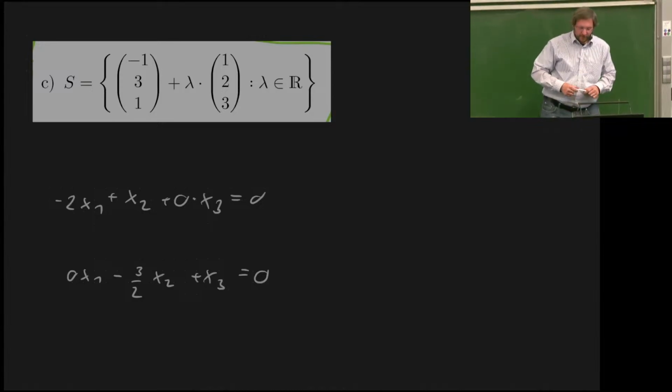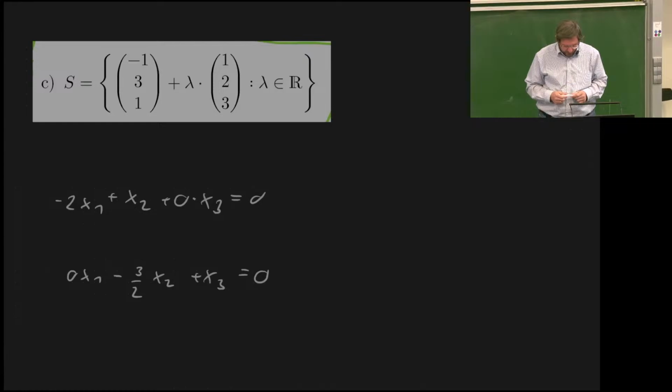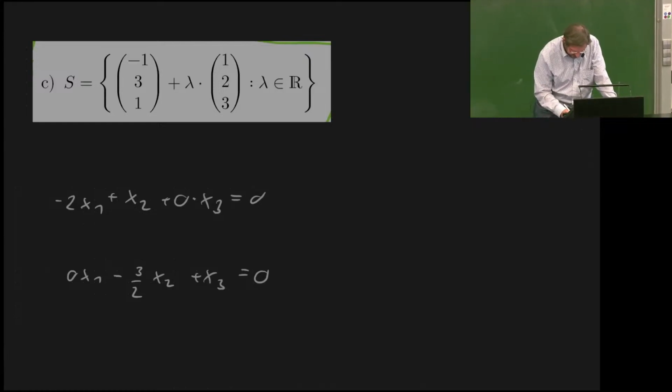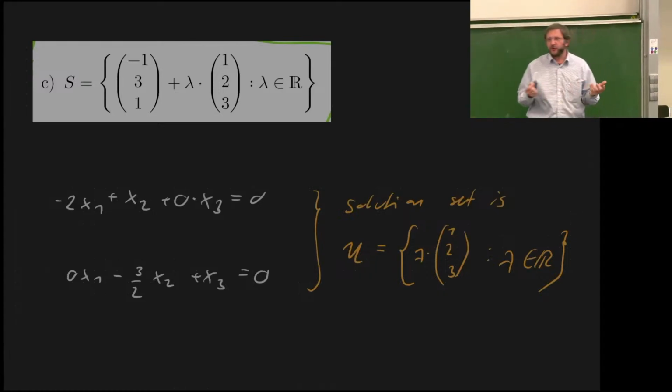Okay, so that's a homogeneous system of linear equations such that the solution set, let's call it U, is given by (1, 2, 3) times lambda and lambda in the reals. So basically the line through the origin in direction (1, 2, 3).